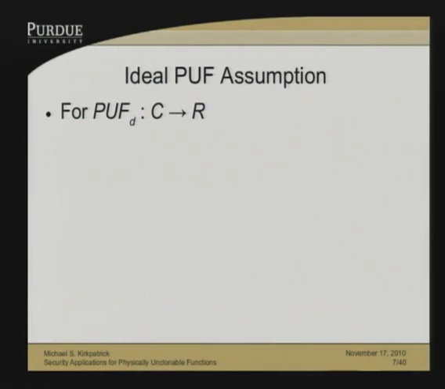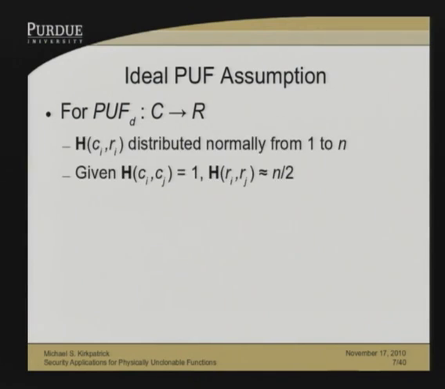Okay, so let's abstract this a little bit and talk about the ideal PUF assumption. It's a function from challenges to responses, and ideally we would like the Hamming distance between the challenges and responses to be distributed normally from 1 to n. What this means is that we don't want there to be any sort of predictable linking between a single challenge and its corresponding response.